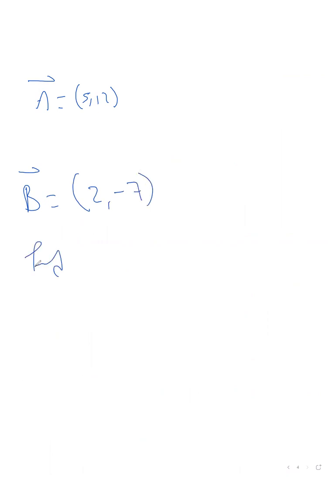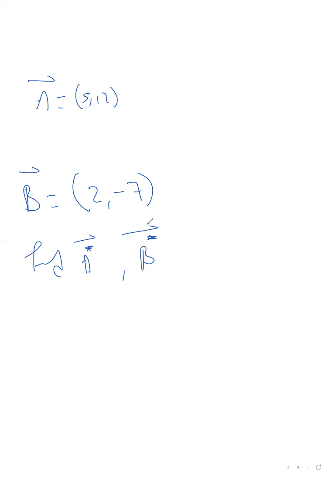Okay, let's take a problem on it. If vector A = (5, 12) and vector B = (2, -7), find A star and B star.